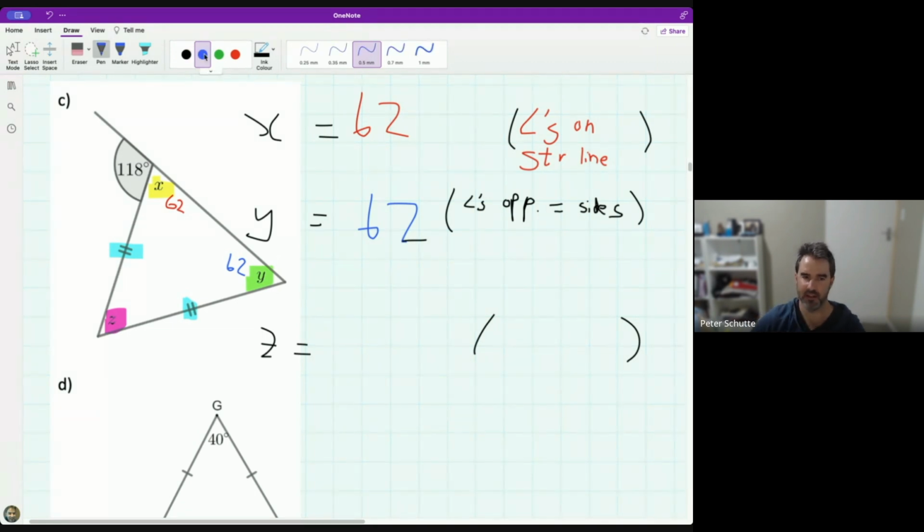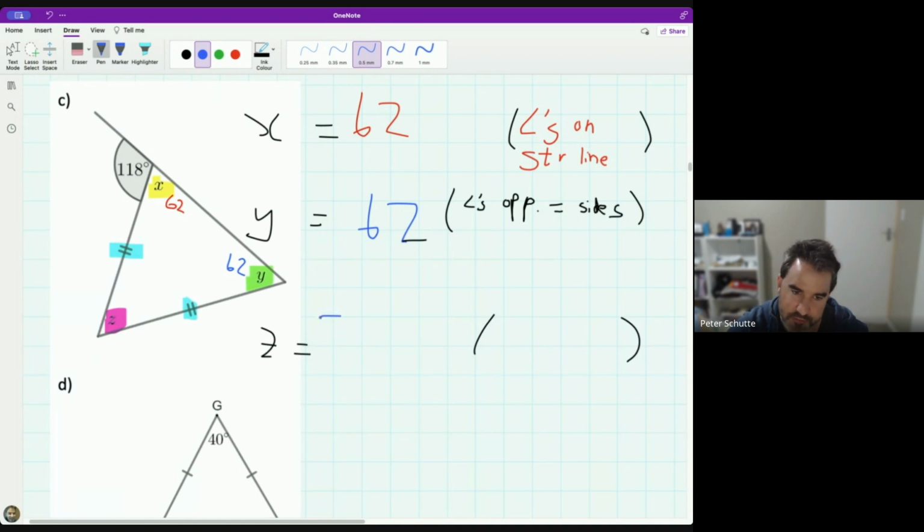Last one: if that's 62 and that's 62, what does Z need to be? Because the angles add up to 180, this has to be 180 minus 62 minus 62, which is 124.